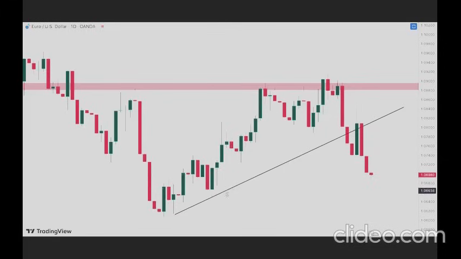Your trend line should be connected to points, more than 2 points, but not less than 2 points.